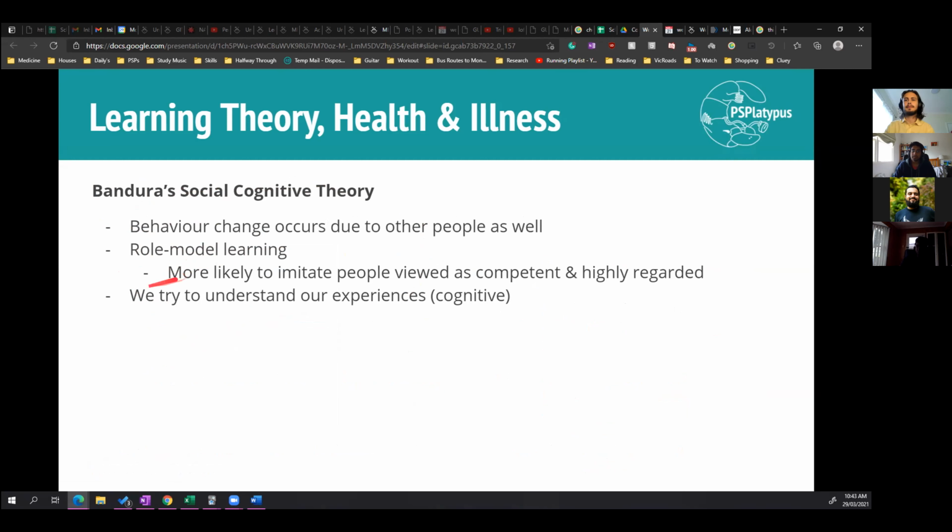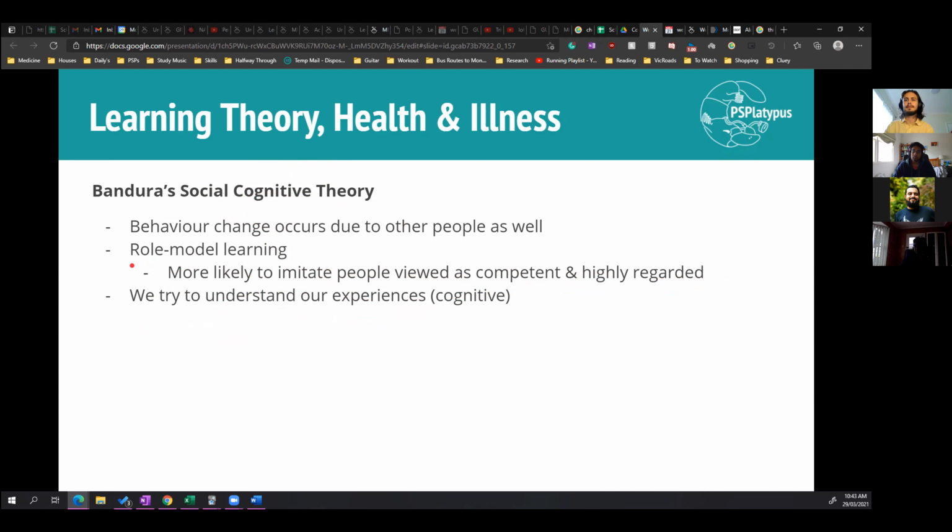The social part is when we try to imitate people generally viewed as competent or highly regarded. Those are the two key words: competent and highly regarded. The cognitive aspect is us cognitively understanding our experiences and applying them through role model learning.